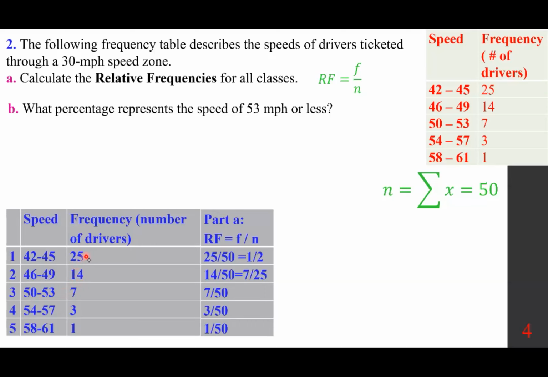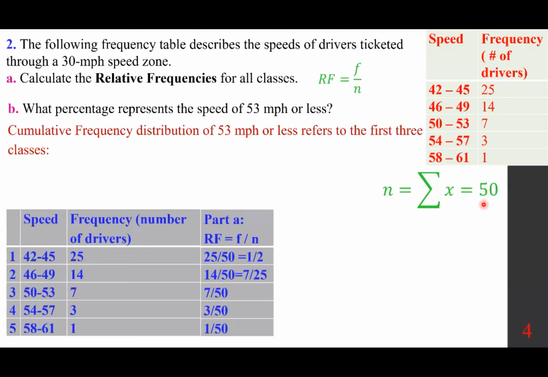Since you want the percentage, you can add this one and this one, and divide by 50. Cumulative frequency distribution of 53 miles per hour or less refers to the first three classes. So we can add up 0.5, 0.28, and 0.14 percentage-wise. Or better yet, 25 plus 14 plus 7 divided by 50. Again, an exact answer is about 92%.